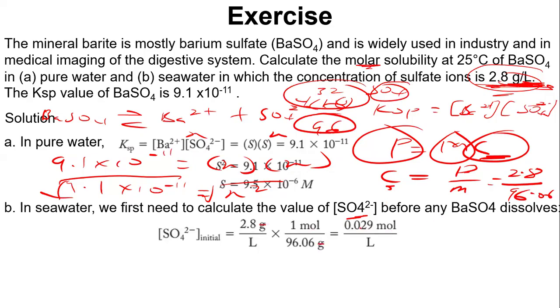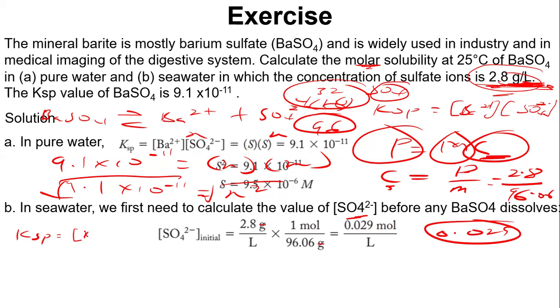Yes, the concentration is 0.029. That's when you do the division. That is what you get. Very simple. Now we come back to our conversation. The equation for the Ksp, same thing, right?